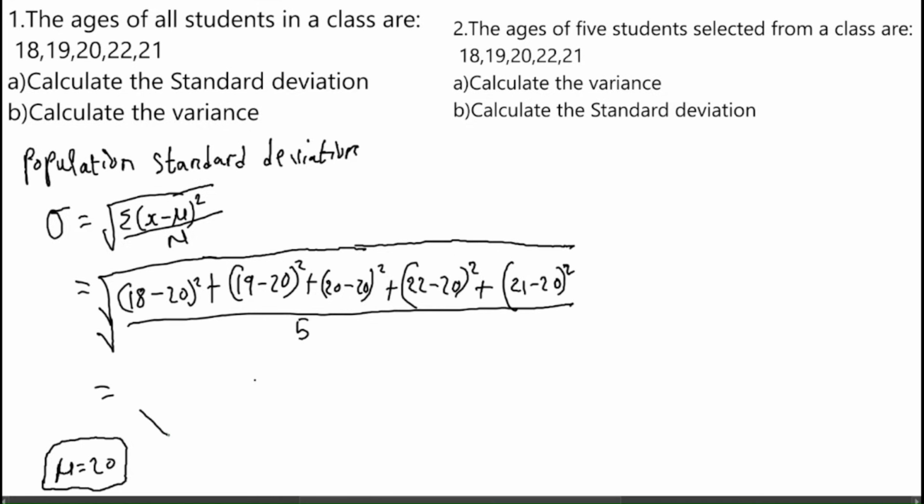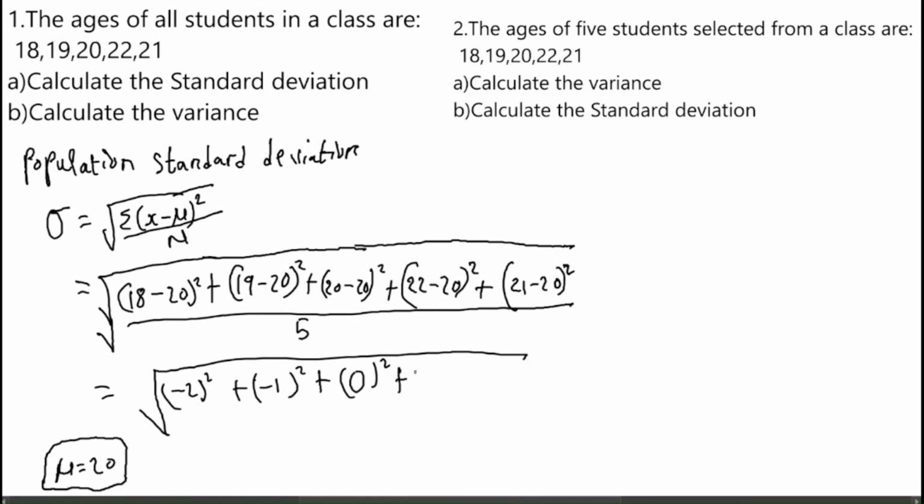So we're going to have the square root of 18 minus 20, which is minus 2, plus 19 minus 20, minus 1, plus 20 minus 20, 0, plus 22 minus 20, 2, plus 21 minus 20, 1. Do not forget to square. Divided by 5.